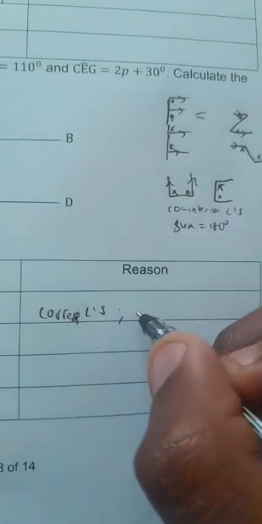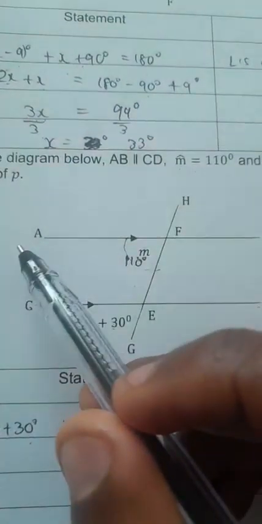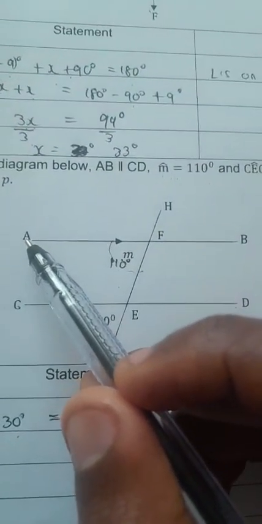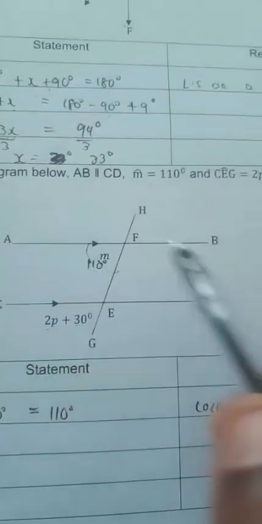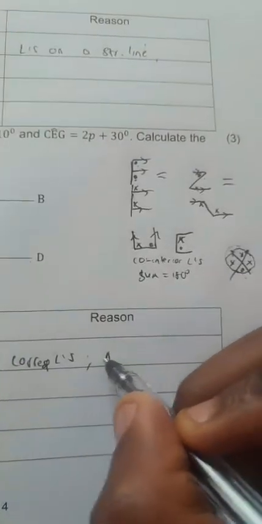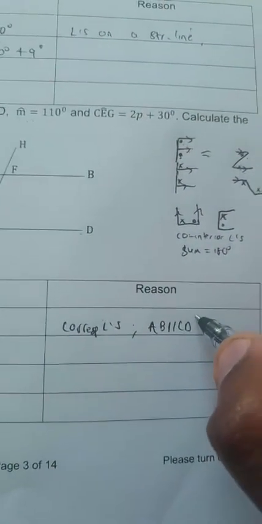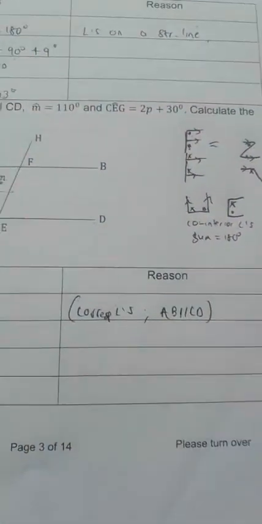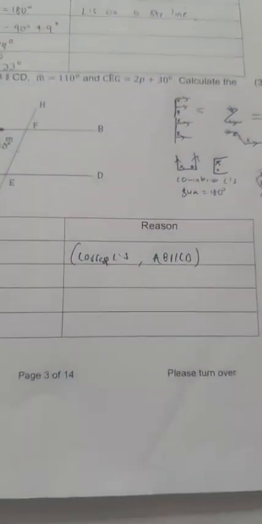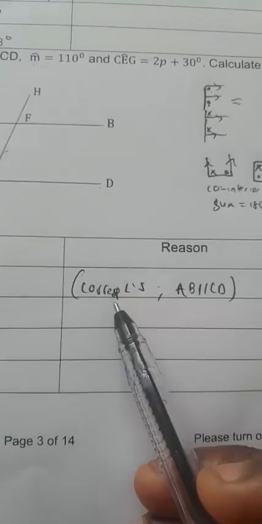Short, and then we state the lines that are parallel. Very important. Why are we saying these angles are equal? It's because AB is parallel to CD. So we do that following our corresponding angles. And there we have it. That is our reason. It's a full reason because we didn't say corresponding angles alone.